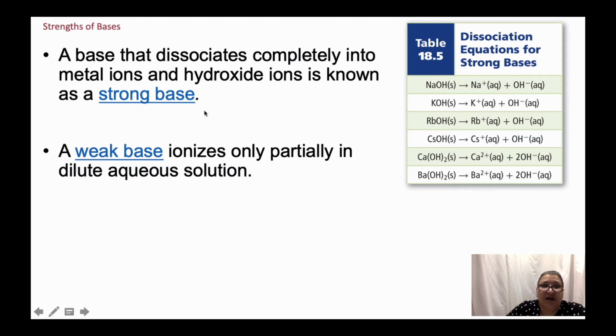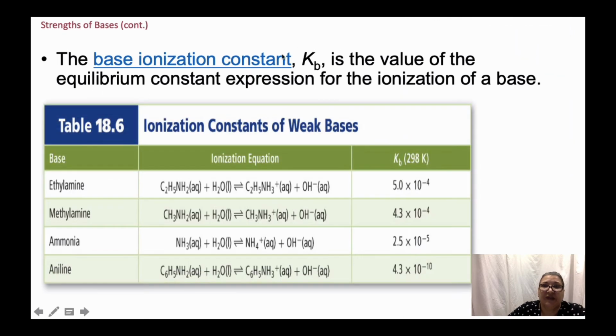Same for bases. A strong base completely ionizes versus weak, which partially ionizes, and when it gives off OH right here. And the base ionization constant is represented as Kb.